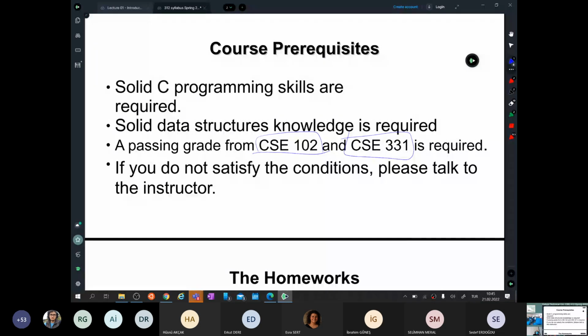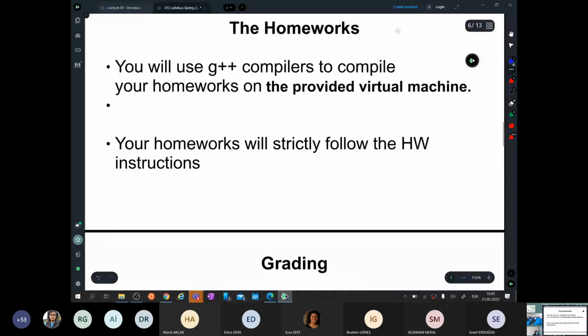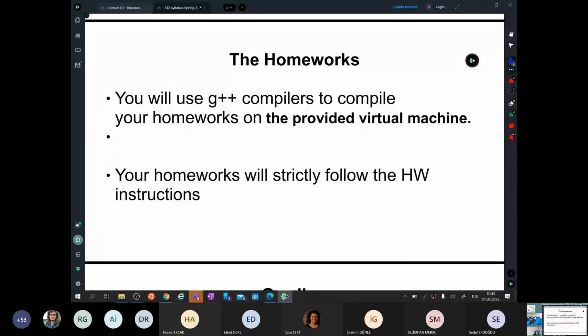So the homeworks. We are going to use the G++ compilers to compile your homeworks on the provided virtual machine. Okay. So what did I say? We are going to write an operating system for the Raspberry Pi boards, okay? Raspberry Pi computers, which are very, very simple, very cheap computers.